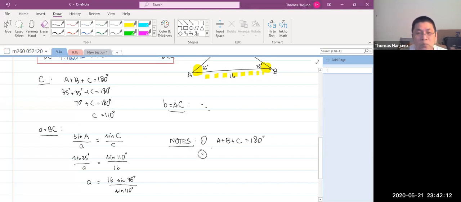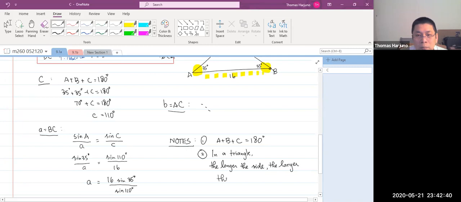Second, in the same triangle, the longer the side, the larger the opposite angle. Vice versa.